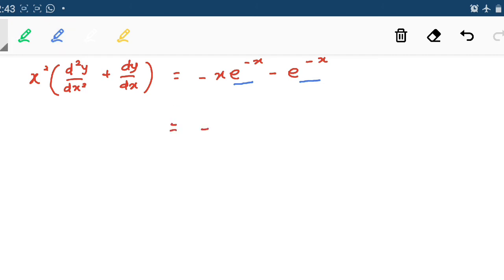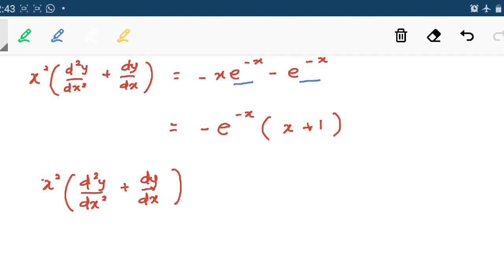So I get negative e power of negative x times (x plus 1). x plus 1 is equal to 1 plus x. So next, I move all of this to the left hand side. So I get x squared d squared y over dx squared plus dy over dx plus e power of negative x times (1 plus x) equal to 0. So I have shown it.